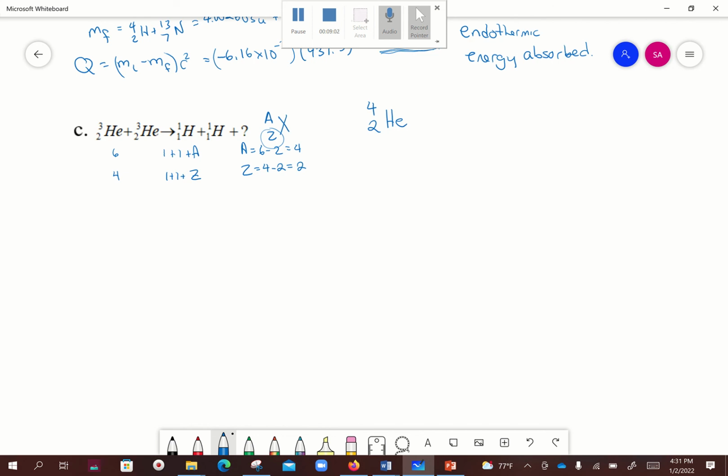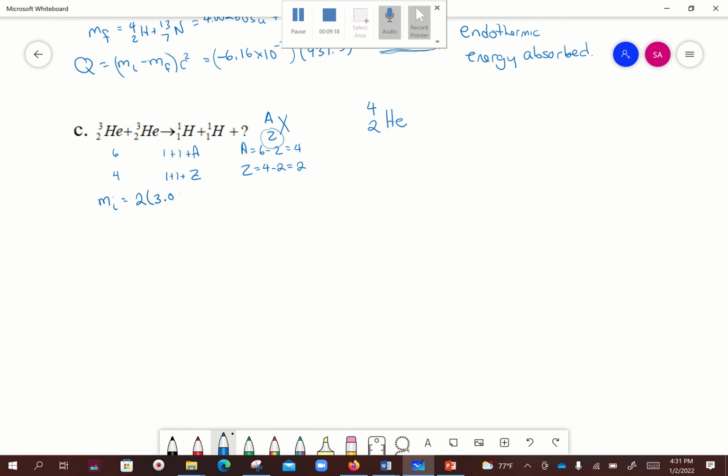Okay, so now I'm going to find my masses. Mass initial is, I just have 2 helium 3 nuclei.